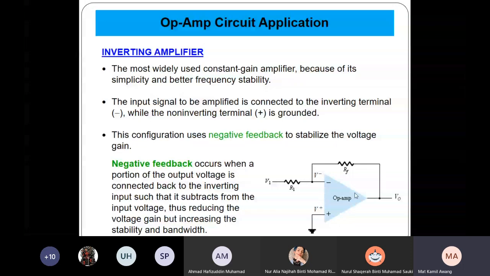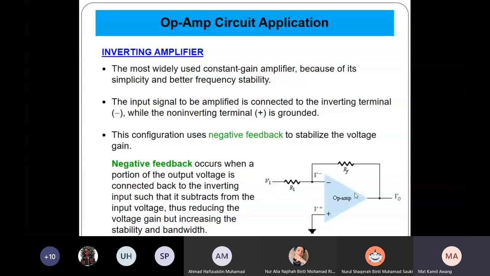The input is at the negative terminal of the OpAmp. The amplifier amplifies the input, so it makes the input larger at the output.